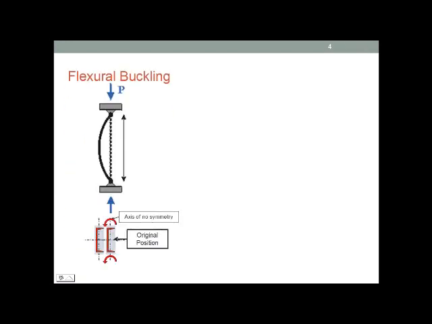Now, let's illustrate graphically the two failure modes associated with these structural members. When bending is about the axis of no symmetry, we have flexural buckling only.